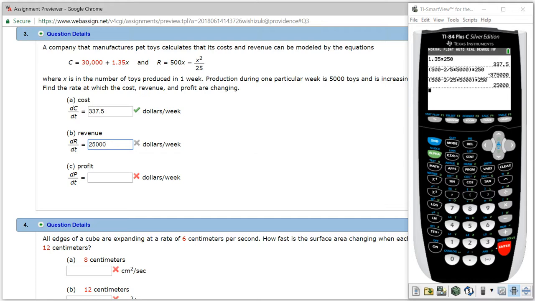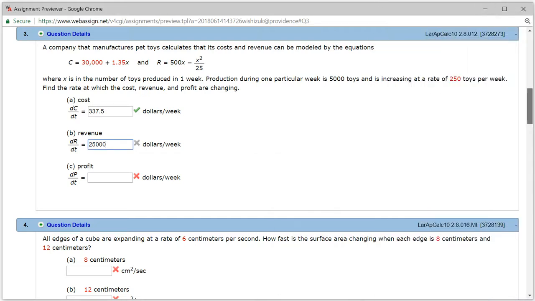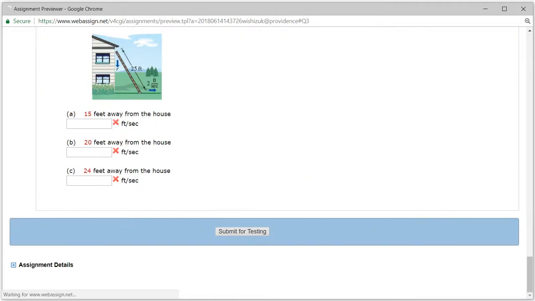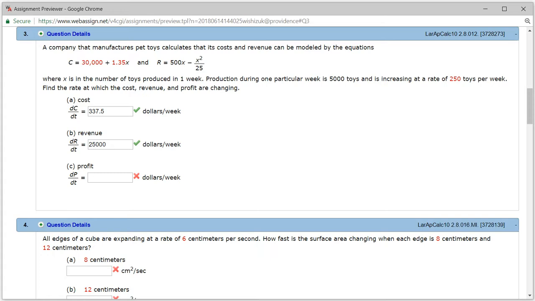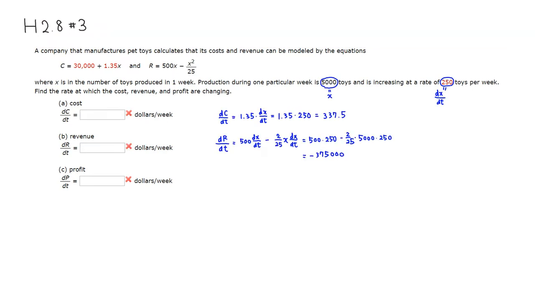Let's check the answer. Submit for testing. It came back and looks like we got this one correctly. So I have to fix this: that was 25,000 here.